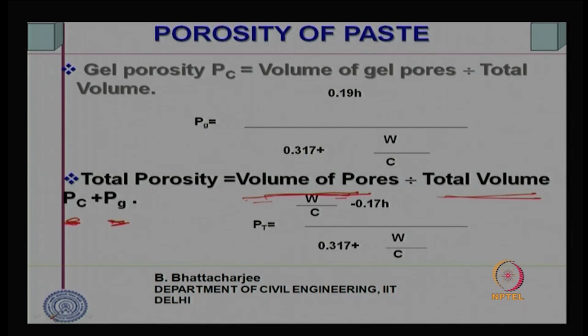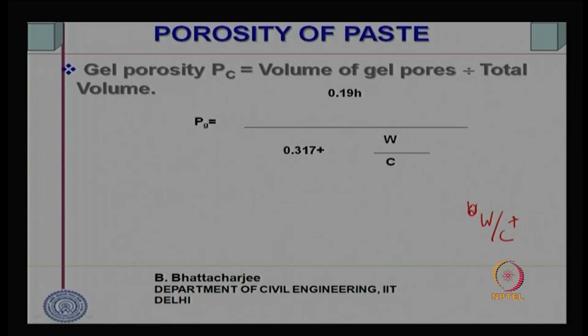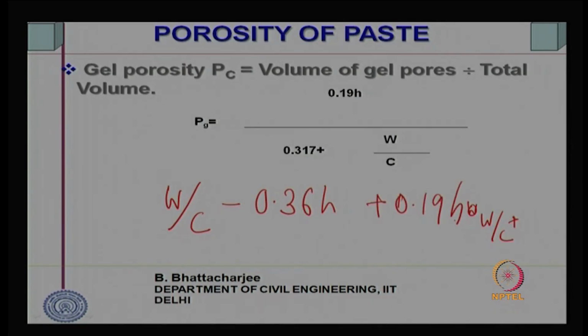Just let me do the summing. W by C minus 0.36 H plus 0.19 H is equal to W by C minus 0.17 H.